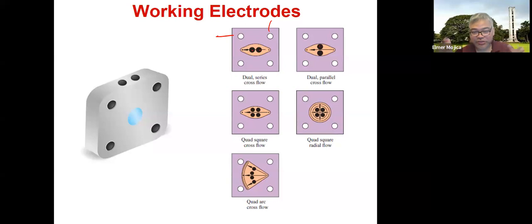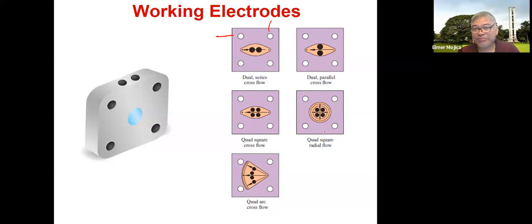Instead of a dual, you can also have a quad that's similar to this one. In addition, you can have this quad arc flow. The arrow there is where the sample flows, and this is where your working electrode is.